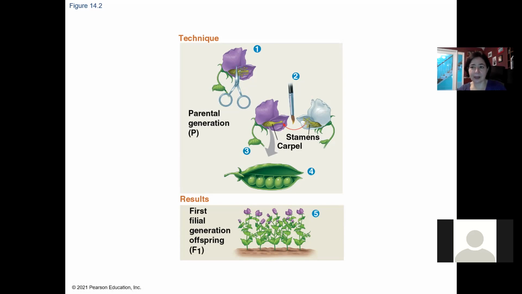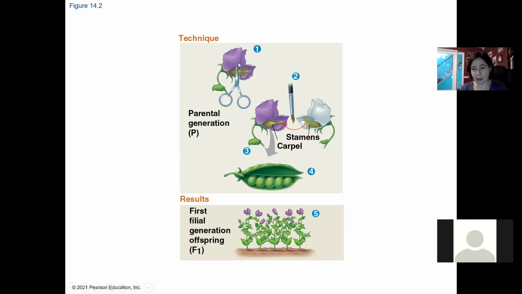The pollen is the sperm of the flower, right? So it can fall over the same flower's carpel, and that will be self-pollination. Or the wind can take it to a plant nearby, and that will be cross-pollination.